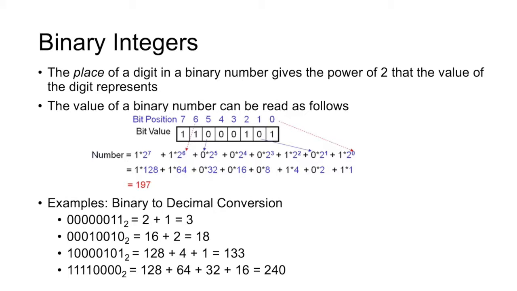There is one lot of 2 to the 2 because there's a 1 in the 4s column, and so on. If you were to work those out, you would end up with 128 plus 64 plus 4 plus 1, and the answer would be 197. There's a couple of examples on the bottom there. The first one is 6 zeros and 2 ones, which would be 2 plus 1, which would equal 3, and so on.